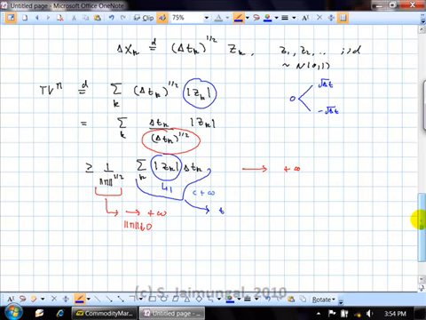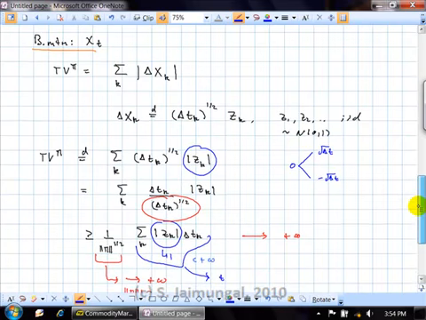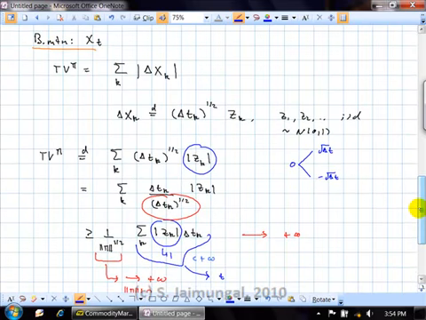What do I want to say here? Our conclusion is that for Brownian motion, we have paths that have infinite total variation. For differentiable functions, we have paths that have finite total variation. So we can conclude that Brownian motions are not differentiable. Because if it were differentiable, we should have a total variation that's finite.